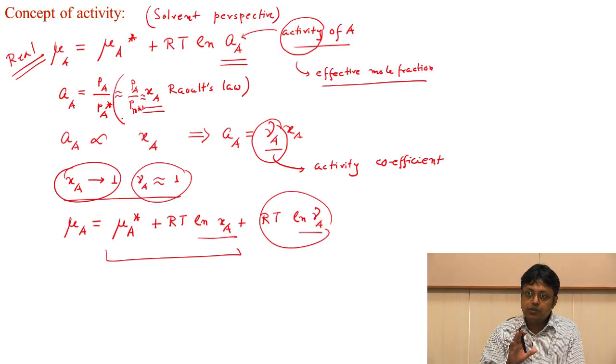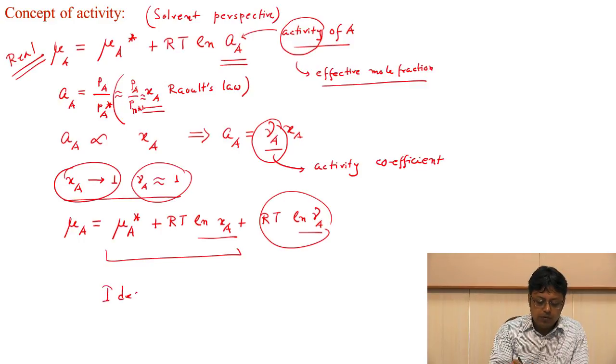So from ideal solution we are going to real solution, and you have to always write it in terms of activity. For the ideal solution, the activity is connected to the mole fraction through the activity coefficient.